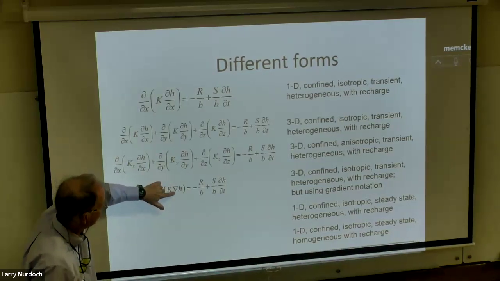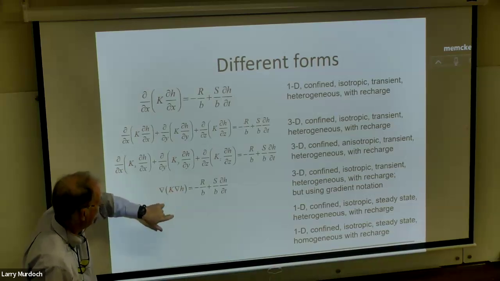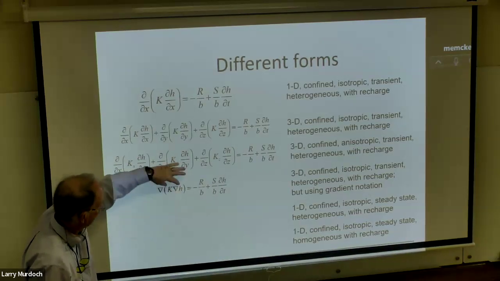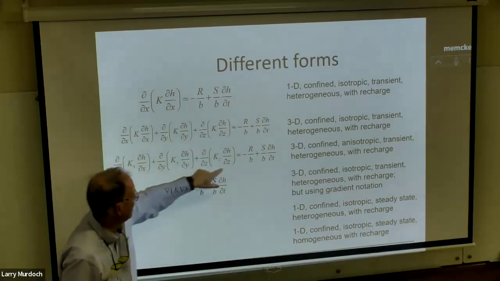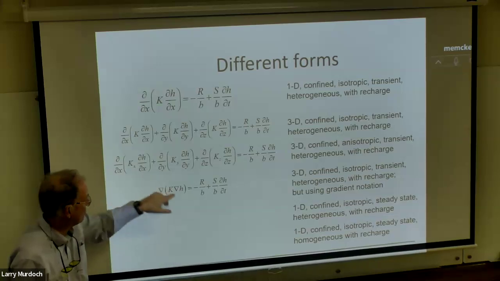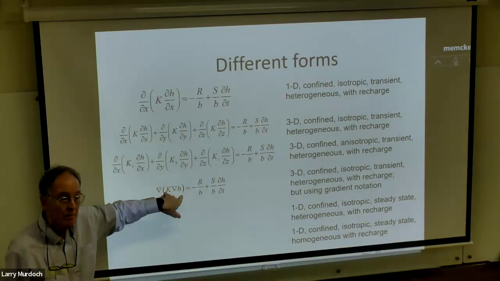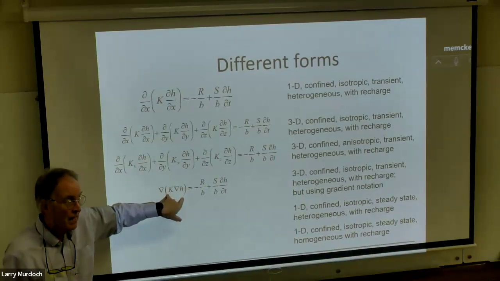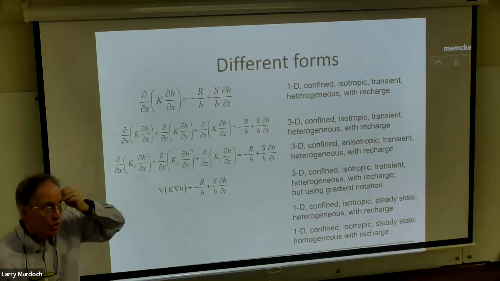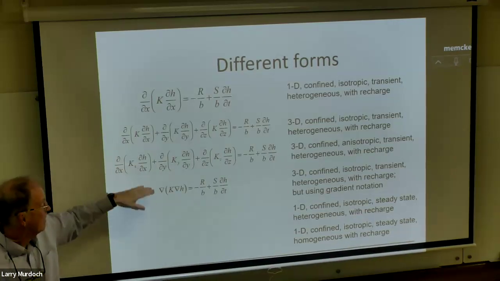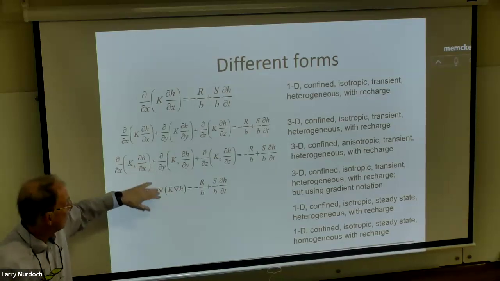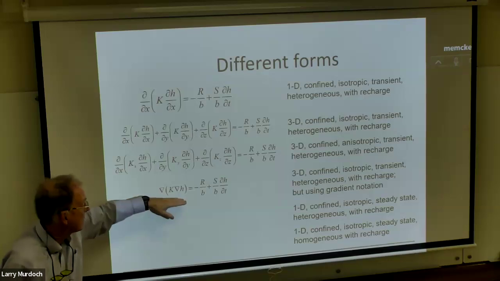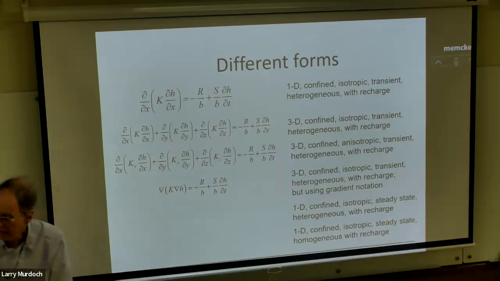It says take the gradient of the hydraulic head, and this says take the gradient of that. So this stuff written out, you can write in a more compact form. Sometimes you see it like this, maybe in the book, maybe it's written out like that. So these two are essentially saying the same thing, but in different format.